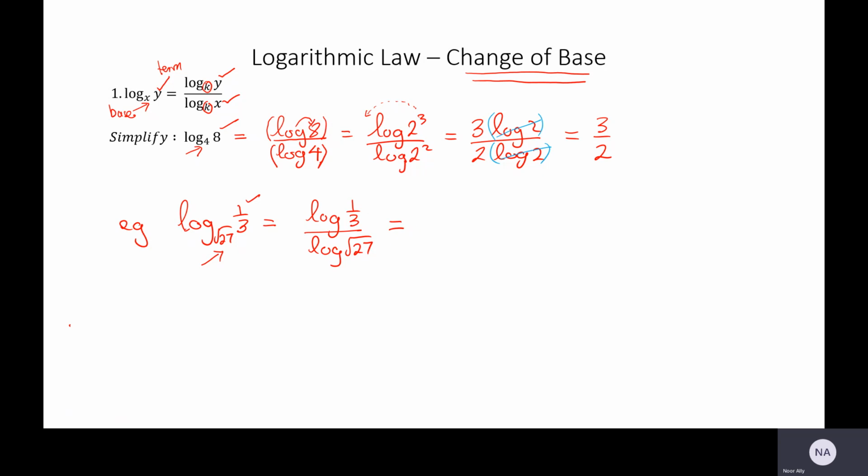Then I start using the same processes, following the simple, straightforward exponential and logarithmic laws. For example, 1/3, I can write that as the log of 3 to the power minus 1. What about 27? That can be written as 3 cubed. And now the minus 1 can come to the front, minus log of 3.